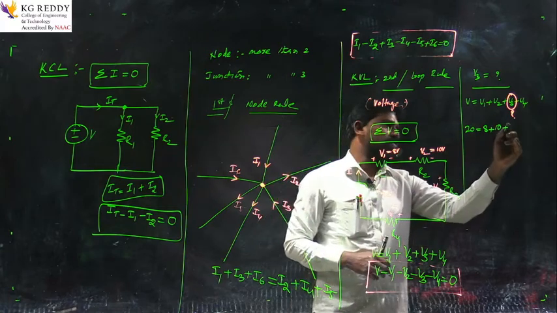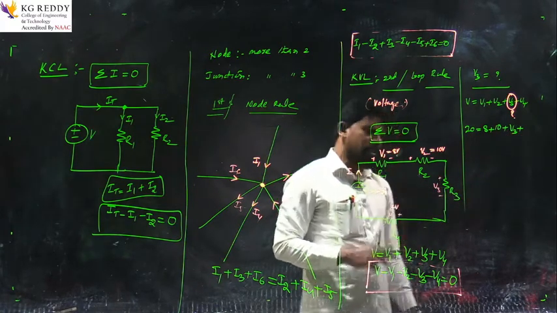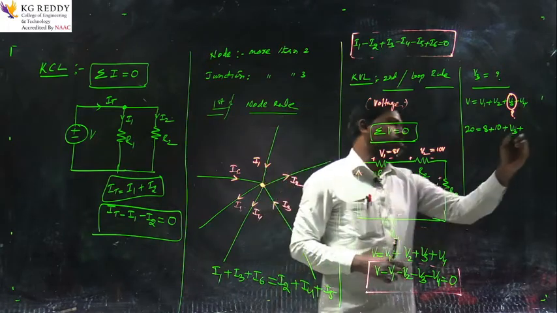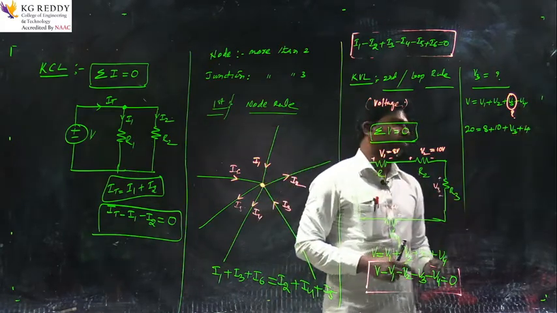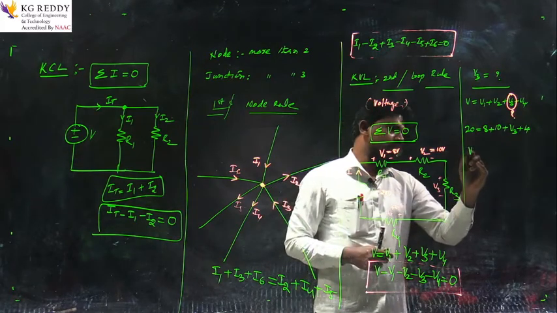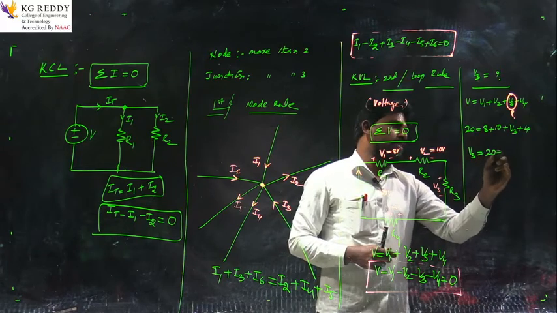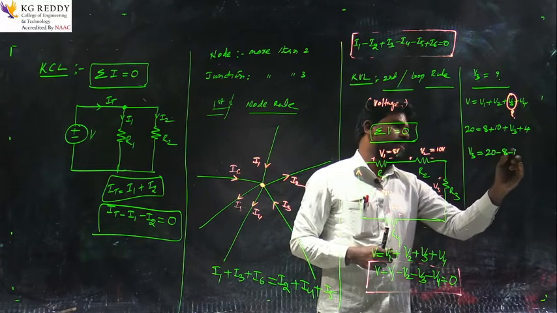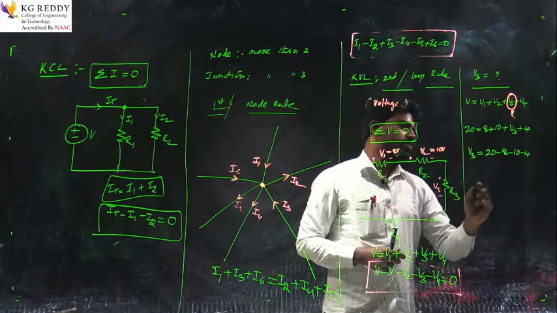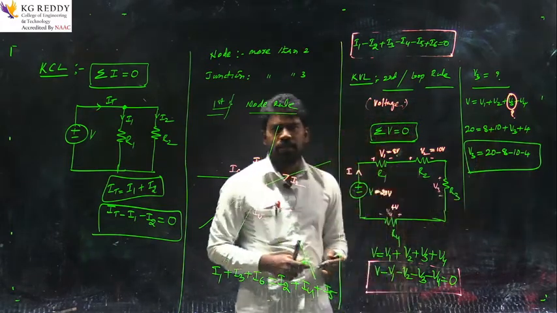My aim is to find V3, so I write V3 as it is, and V4 is given as 4 volts. So V3 is equal to 20 minus 8 minus 10 minus 4. This is the value you get by applying Kirchhoff's voltage law.